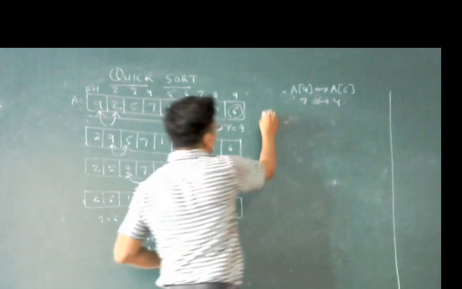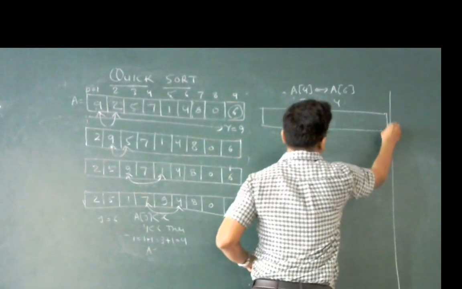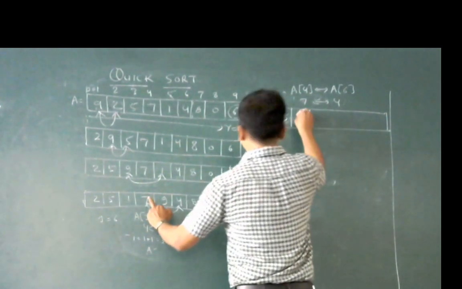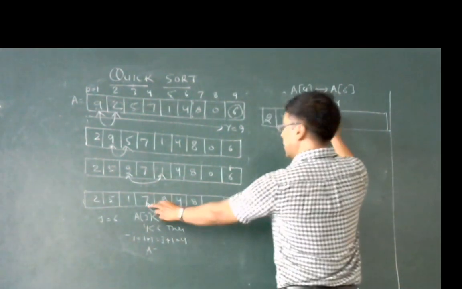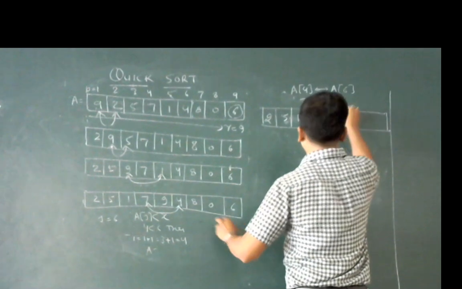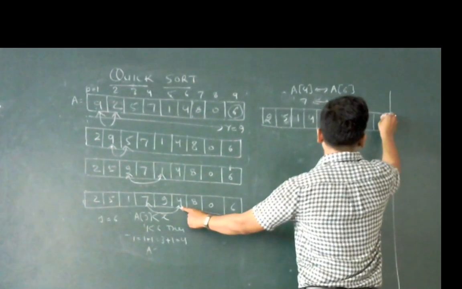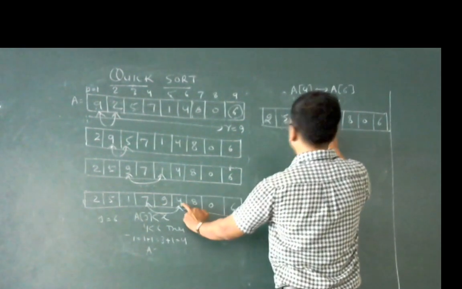After this, the array will appear in this order: 2 5 1 4 9 7 8 0 6. 2 5 1 4 9 7 8 0.